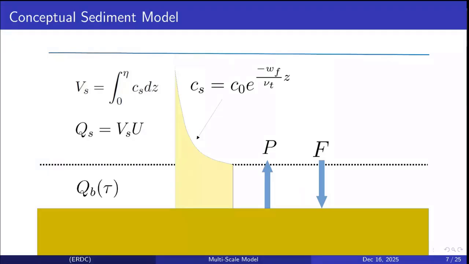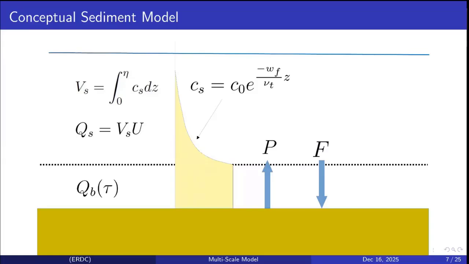But nevertheless, the advantage of making that prescribed exponential profile is that we can integrate it analytically, which we're doing here on the upper left, so that we can get the volume of suspended sediment. The total volume of suspended sediment being transported by the velocity u is equal to the total suspended sediment transport, Q_S.